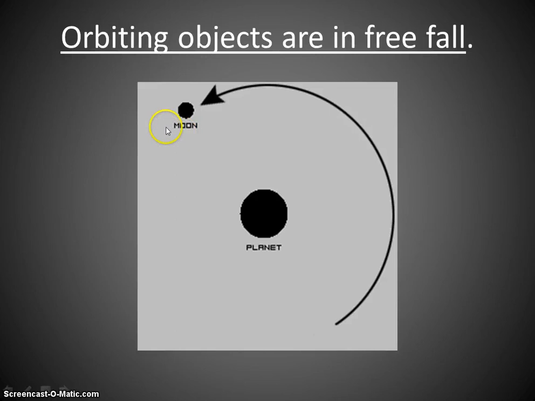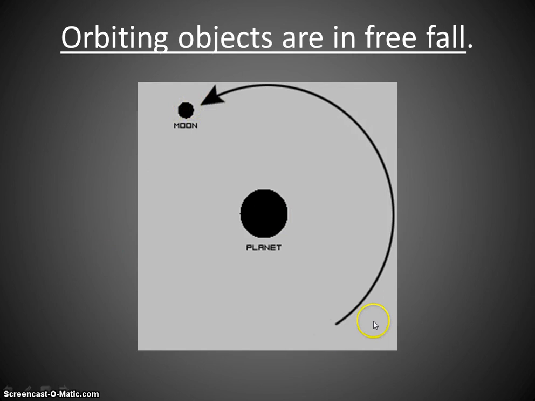Objects that are in orbit, we consider these objects in free fall since gravity is the only force that is affecting them. That's why objects stay in orbit. Like the moon in orbit around a planet. The moon is being attracted to that planet by gravity. The moon wants to keep going in motion because of that concept of inertia, if you recall, but it's in a curved motion because of that gravitational force.